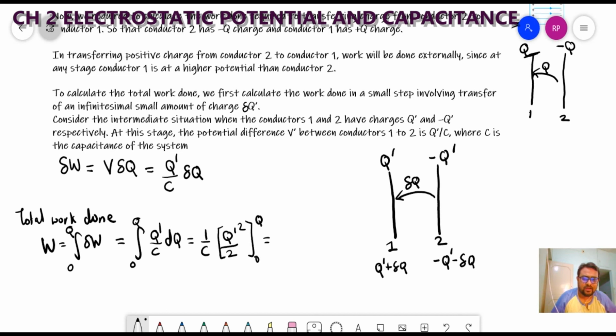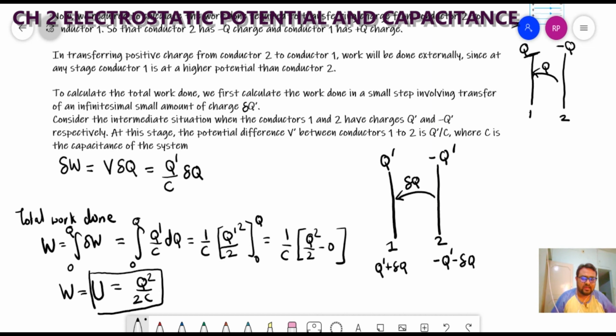When I put the upper and lower limits, with 1 by C, q dash square means q square by 2 minus 0. So the work done that is stored in the form of potential energy will be equal to q square by 2C. This is the formula for the energy of a capacitor, that is q square by 2C.